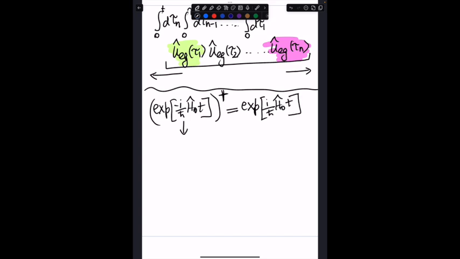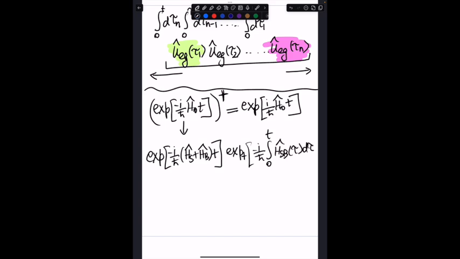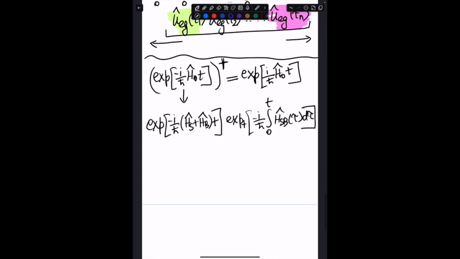The forward propagator was defined as exponential of minus i upon h bar (Hs plus Hb) t, and then a positive time ordered exponential from 0 to t of the system bath coupling Hamiltonian. When you take a Hermitian conjugate of this, as you recall, (AB) dagger is B dagger, A dagger. So the order has to be reversed. This term will come first and then this.